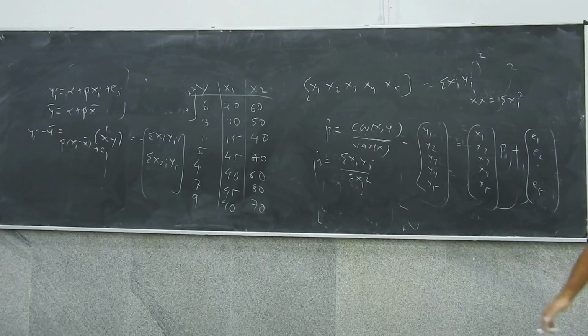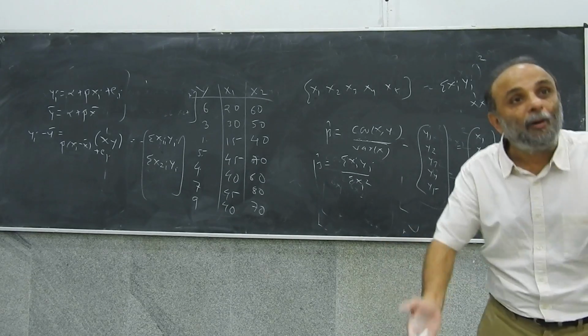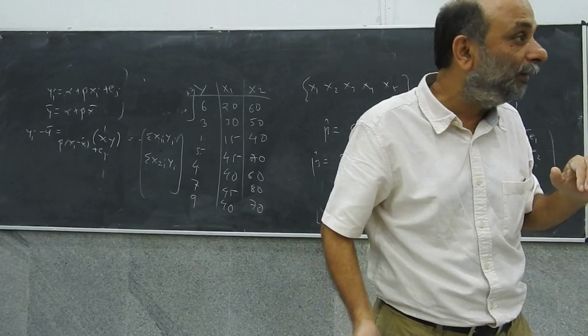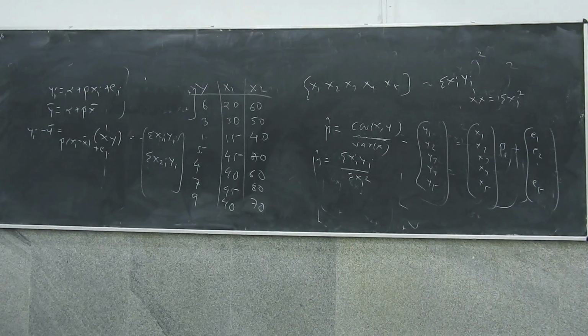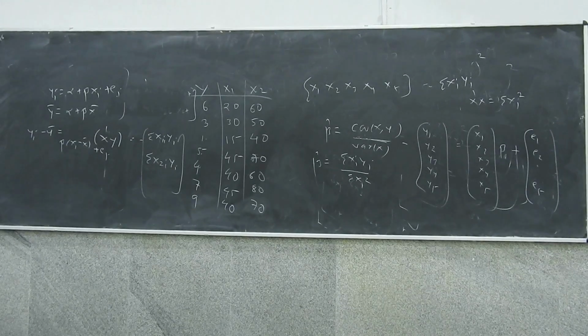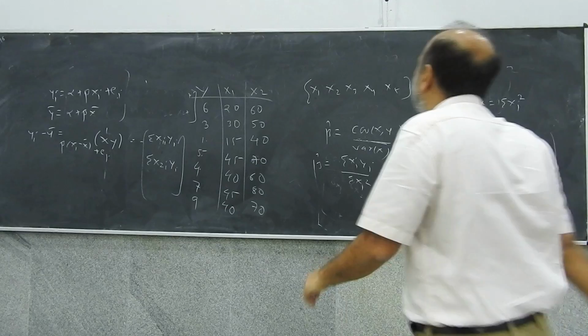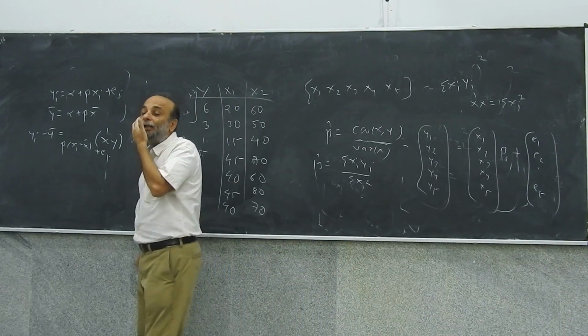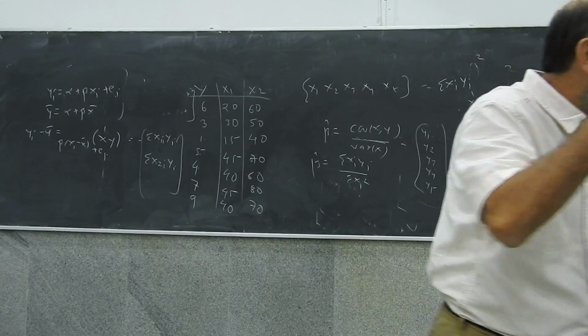So the variation among fathers must be as much as it can be. Variation among mothers must be as much as it can be, but the correlation between fathers' and mothers' education must be as low as it can be. Right? Only then. So the important idea, it's a very, very important idea, you must always remember that the determinant of x dash x tells you how much information there is in your data.